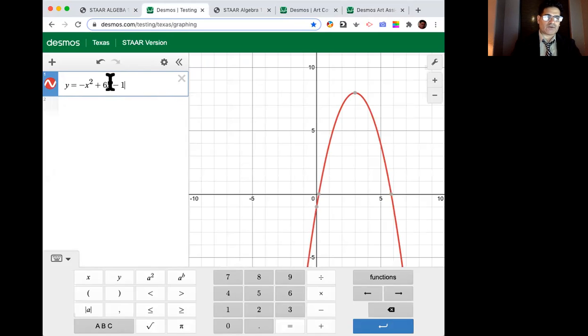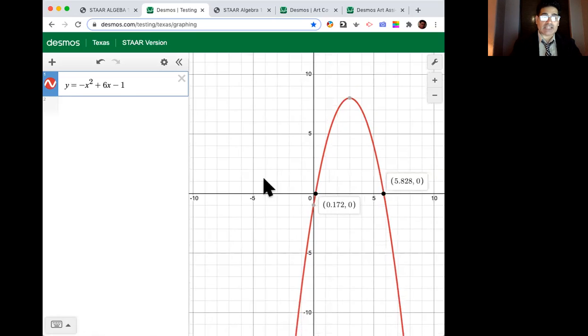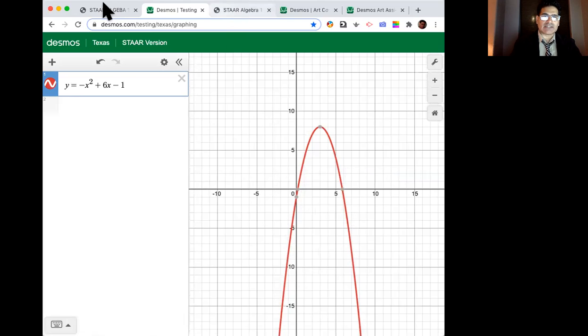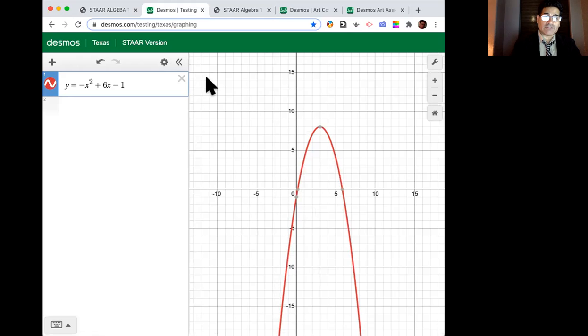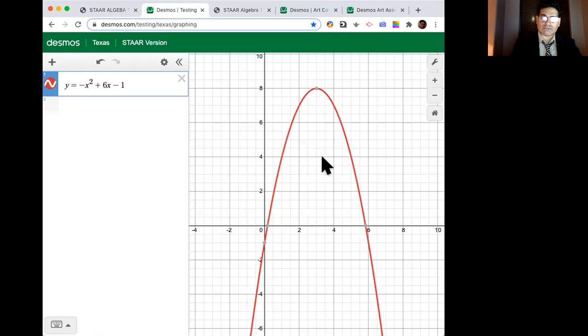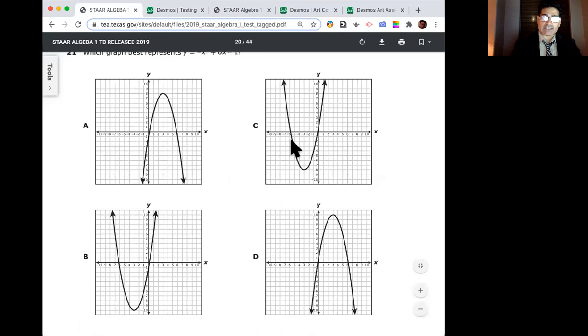It's pretty straightforward, and it's in the quadratic equation format. And there's your zeros. It's simply asking us which one looks like the choices, A, B, C, or D. So it's simply a matter of entering the quadratic function and looking to see which one matches. And we see that, in fact, it's quite straightforward.